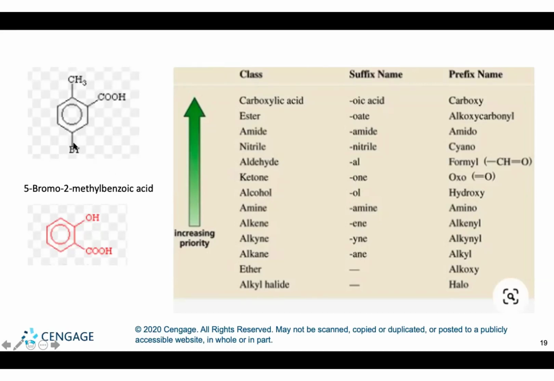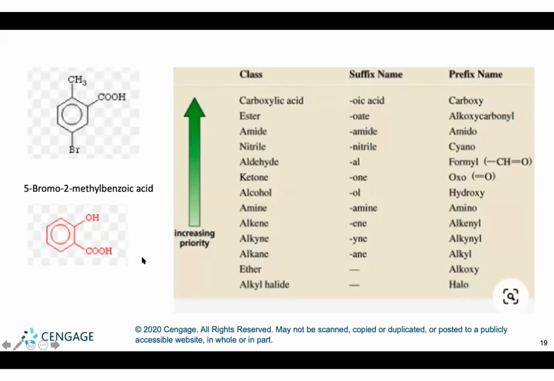Pay attention, guys, that when I write the name down, I go with the lower alphabetical order because B in bromo is alphabetically lower than the M in methyl, so it's gonna be 5-bromo, 2-methyl, and it's gonna be based on benzoic acid because it's the most prior functional group in this table.